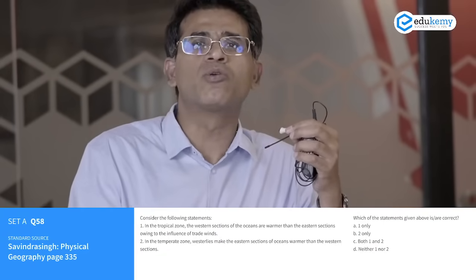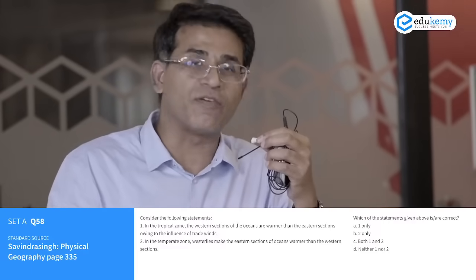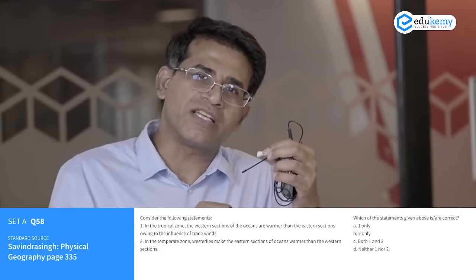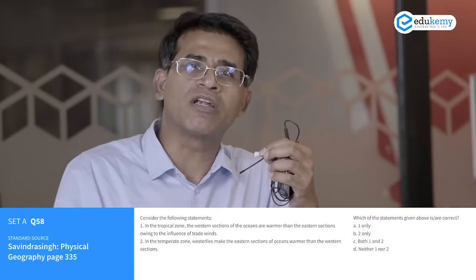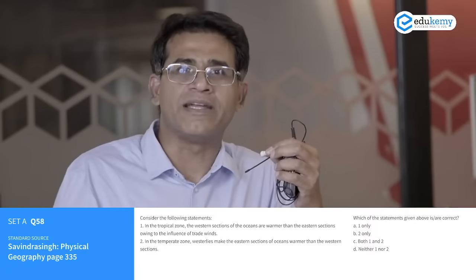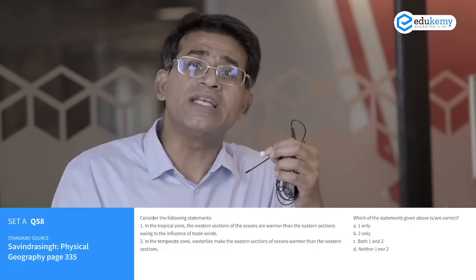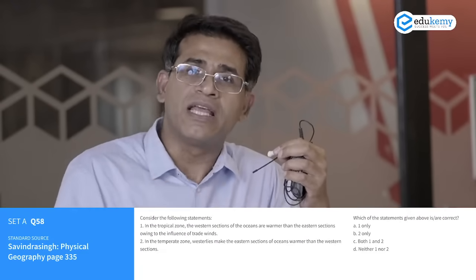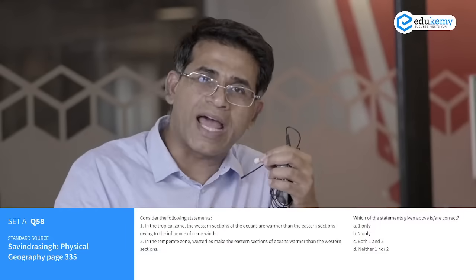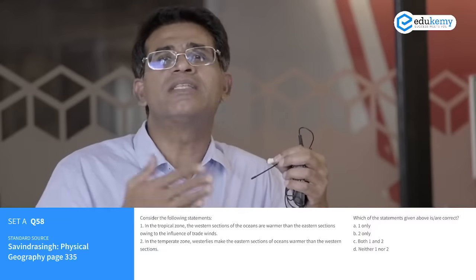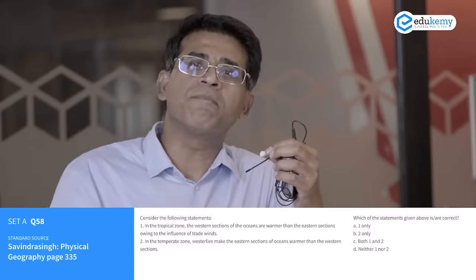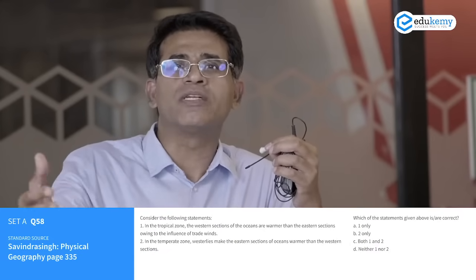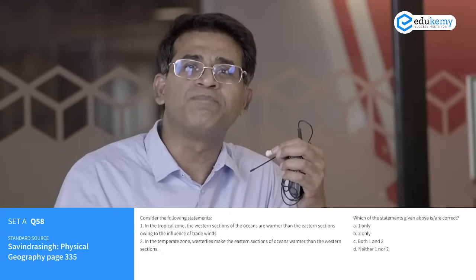Now statement number 2 could have been a confusion for some of you, because explicitly we don't study the effect of westerlies on the warming of waters along the eastern side. What happens is when the westerlies are moving from west towards east, they do drag the warm waters towards the eastern waters. For example, the Gulf Stream water becomes the North Atlantic Drift and moves towards the Norwegian Sea and towards the North Sea.